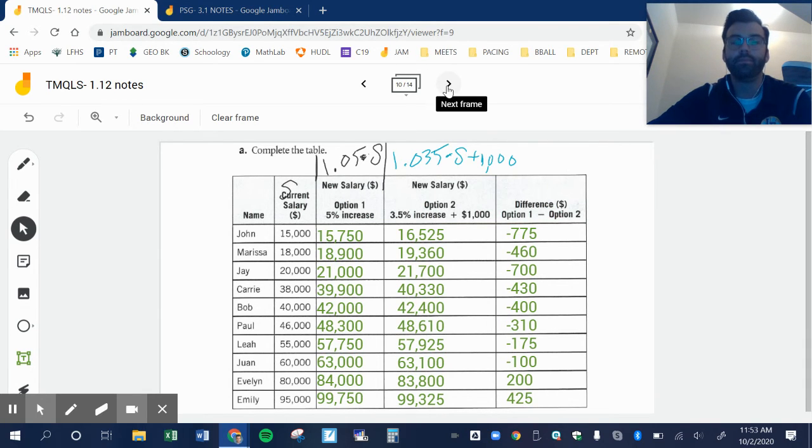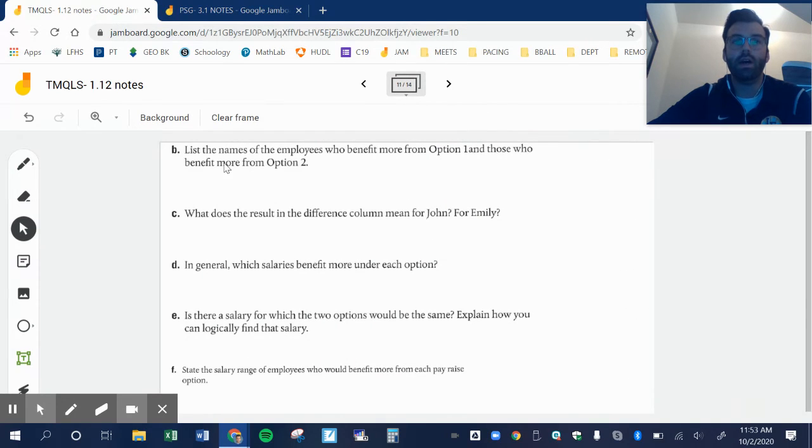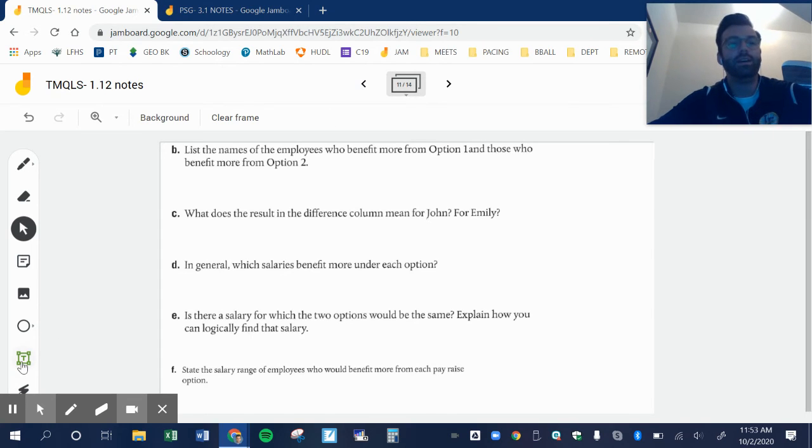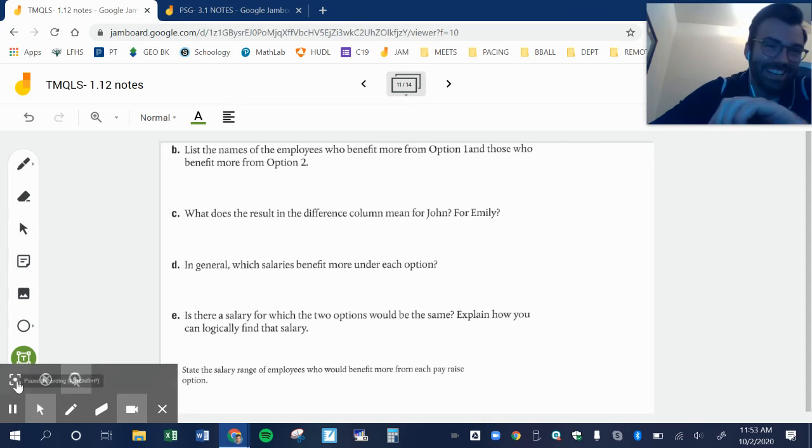All right, list the names of employees who benefit more from option 1 than those who benefit from option 2. What that means is list the ones who benefit more in option 1, and then list the others. Okay, we're back.